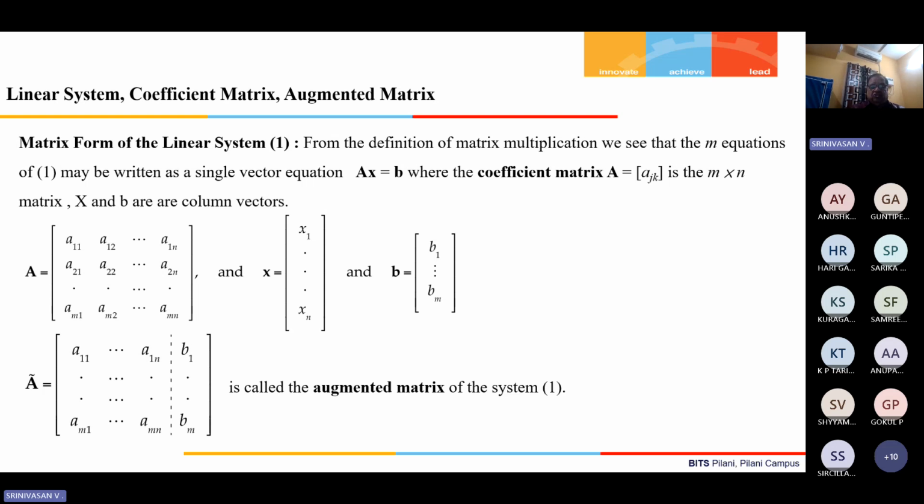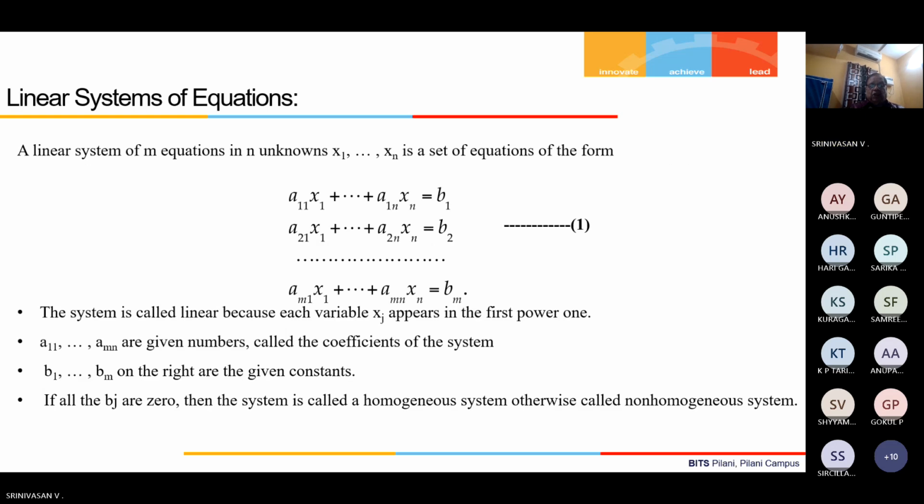What is the meaning? If you just go back, you can first coin a11, etc., a1n, a21, etc., a2n, etc., am1, etc., amn to be elements of a matrix A. And these elements are all nothing but coefficients. So it is called a coefficient matrix.